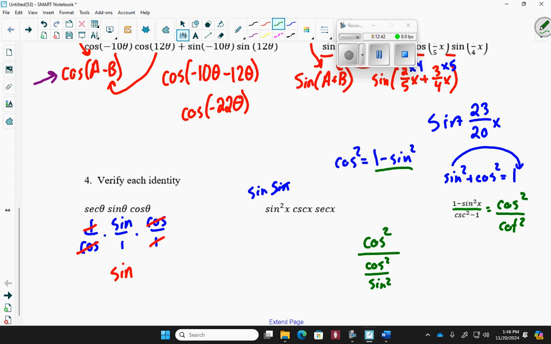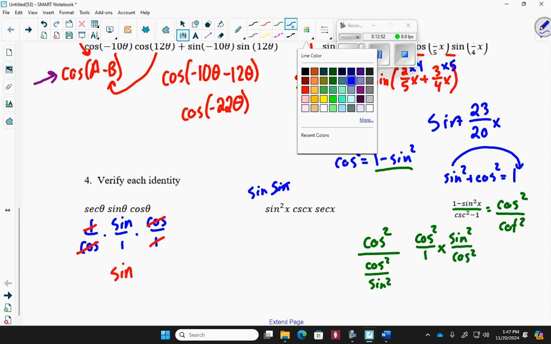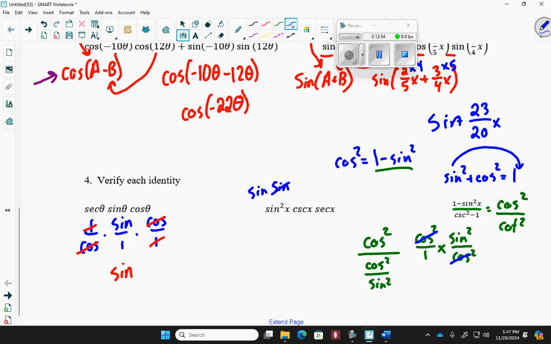Well, you're dividing by a fraction, so that's a keep change flip. So cosine over 1 times sine squared over cosine squared. That cancels that out, and I'm left with sine squared over 1, which is sine squared. There you go. Pretty simple, hopefully.